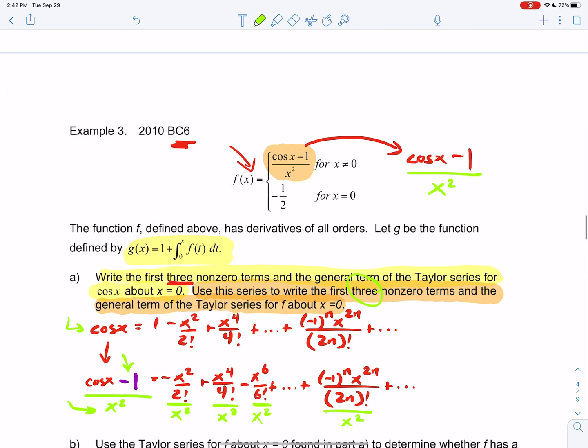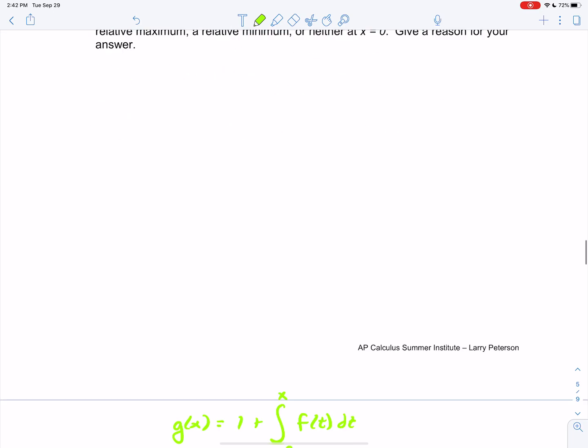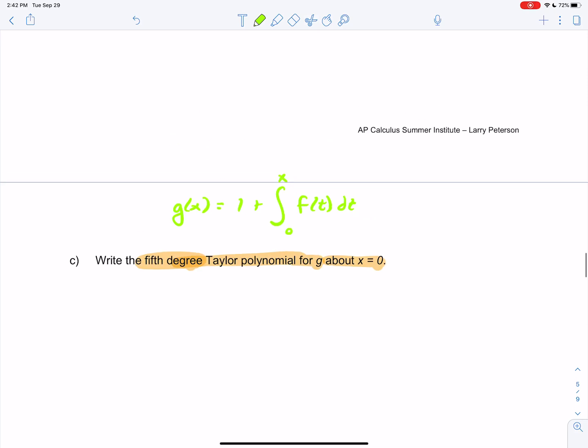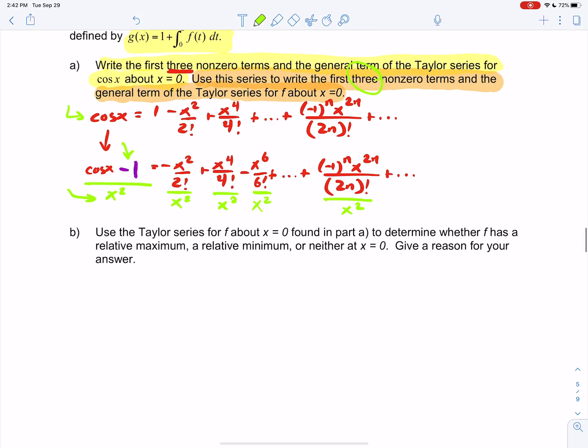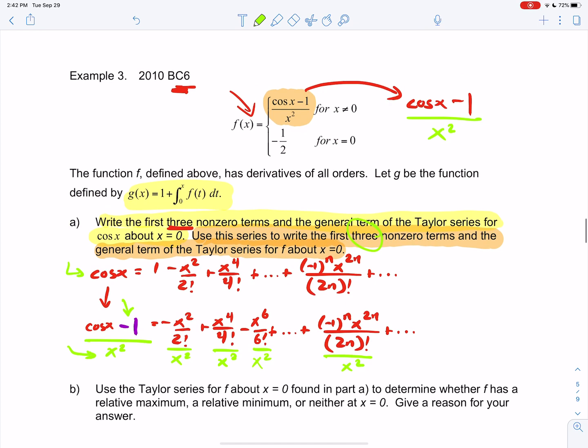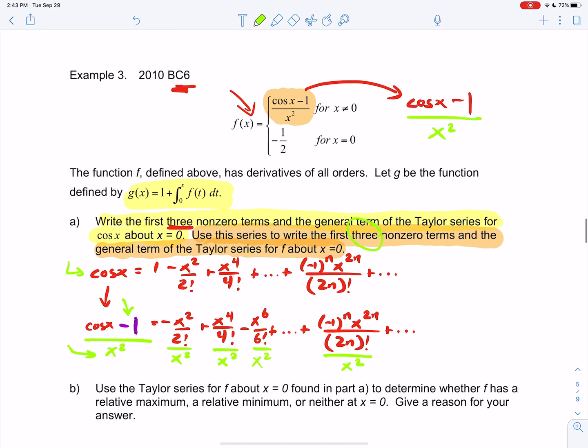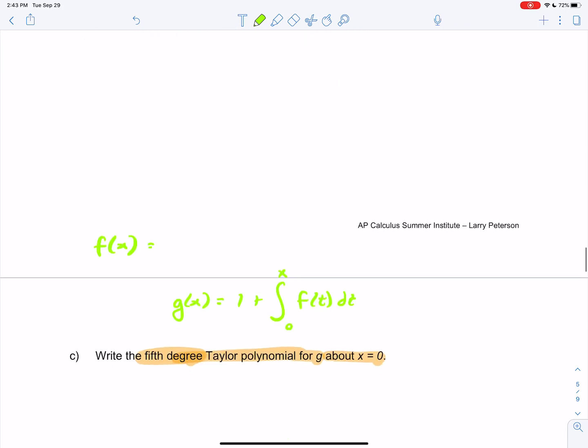Let me double check here. Okay. Cool. We also know that f of x, our expansion was, hold on, you guys. f of x was cosine x minus 1 all over x squared. Yada, yada, yada.